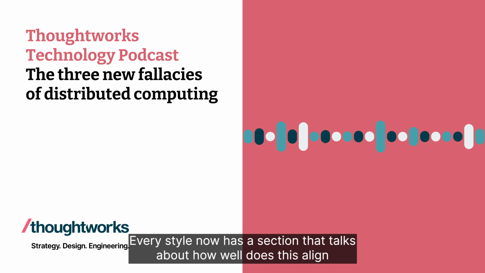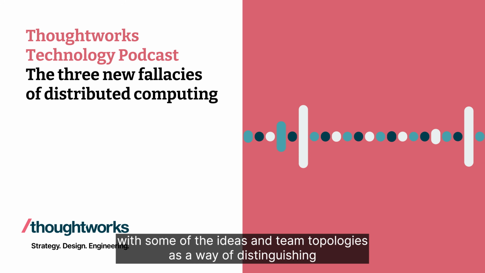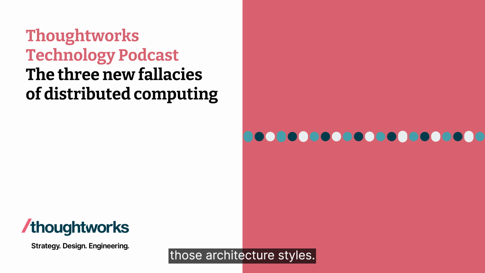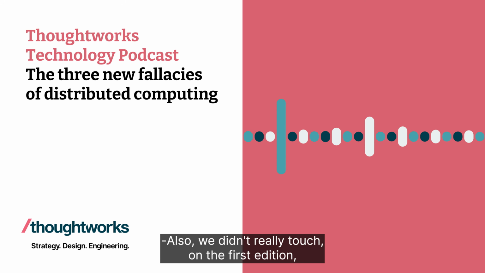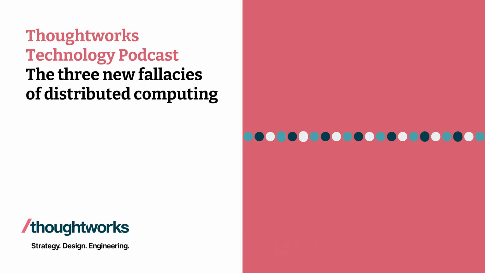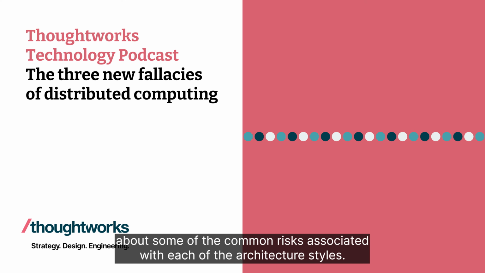And so every style now has a section that talks about how well this aligns with some of the ideas in Team Topologies as a way of distinguishing those architecture styles. And also, we didn't really touch on the first edition about some of the common risks associated with each of the architecture styles.